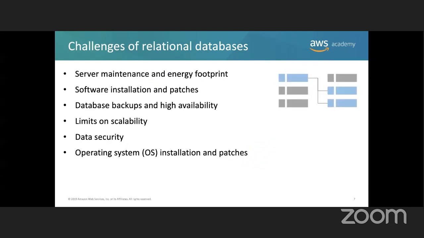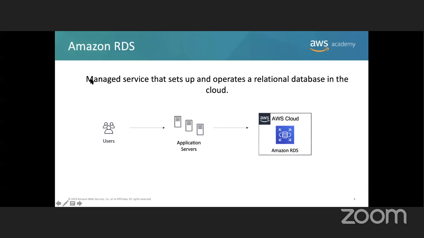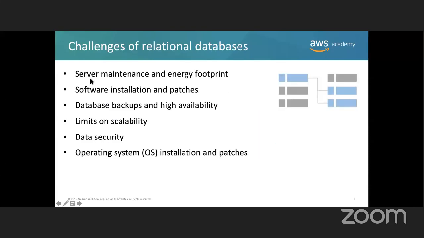Okay, what are the challenges of relational databases? Server maintenance and energy footprint, software installation and patches, database backups and high availability, limits on the scalability, data security, OS installation and patches. This is exactly what you have to do if you have a database on premises. All of this, okay?